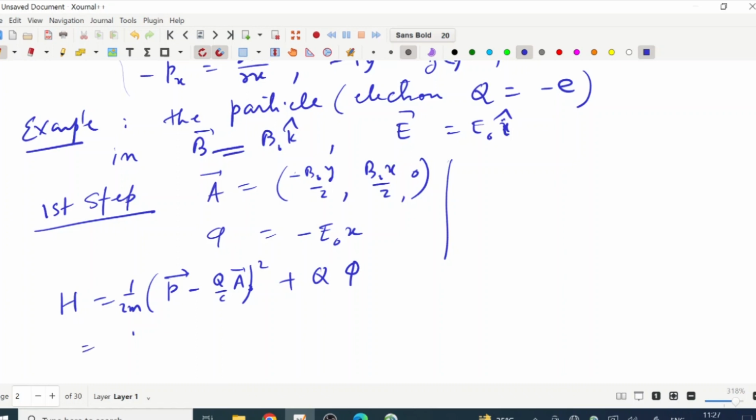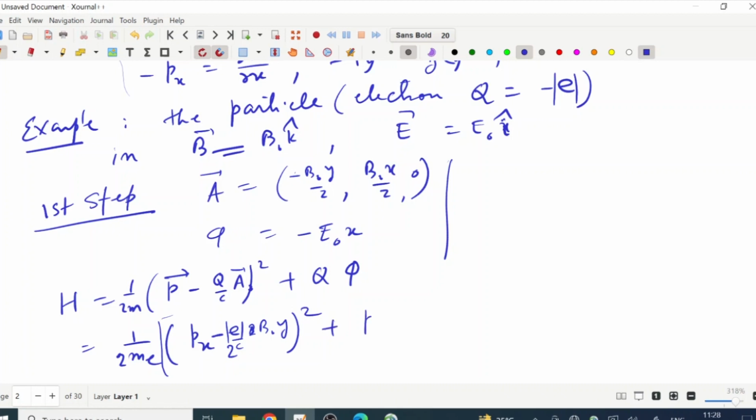Now it is the mass of the electron, so 2 m e, and now if I write in components, the component p x, then q is minus e, so there is a minus, and then minus B0 y, so two minuses, it will be plus. So, mod of e, to minimize your confusion, e by c, and then B0 y by 2, whole square.